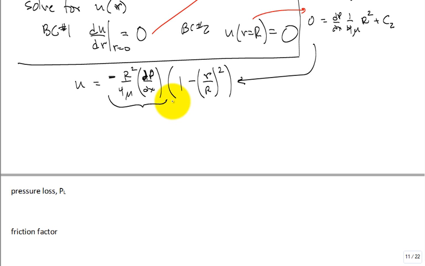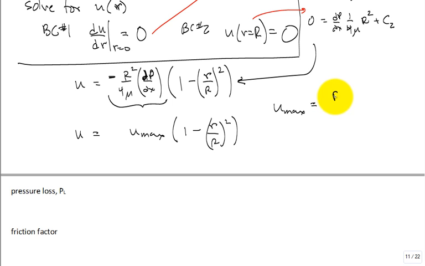Okay. Well, guess what all of that is equal to? Isn't it U max times 1 minus r over cap R squared? There you go. So you'd have that the maximum speed, U max, is equal to negative R squared dP dx divided by 4 mu.